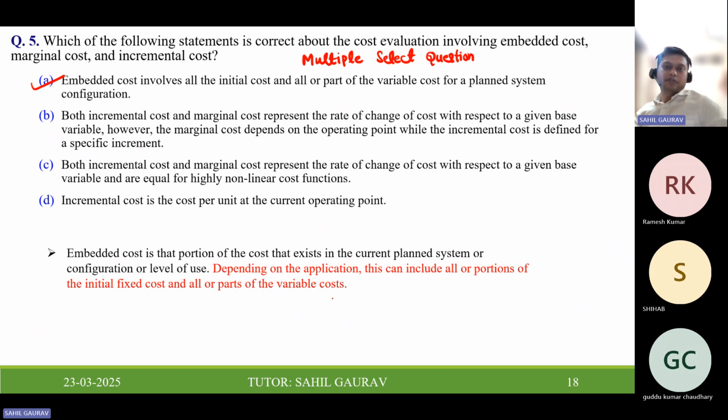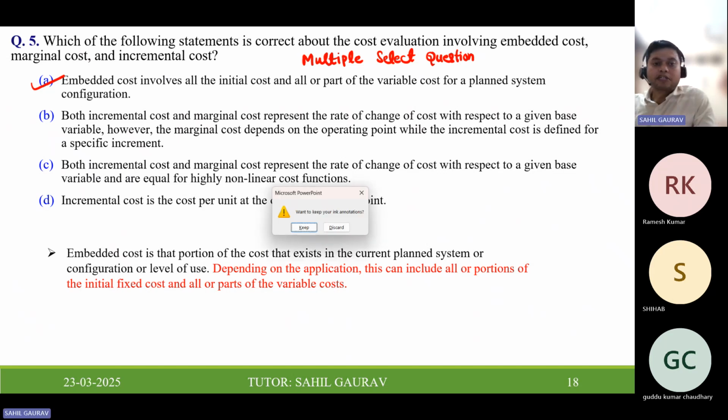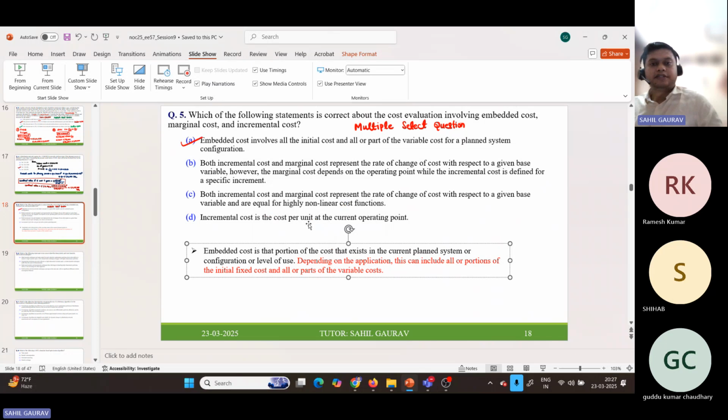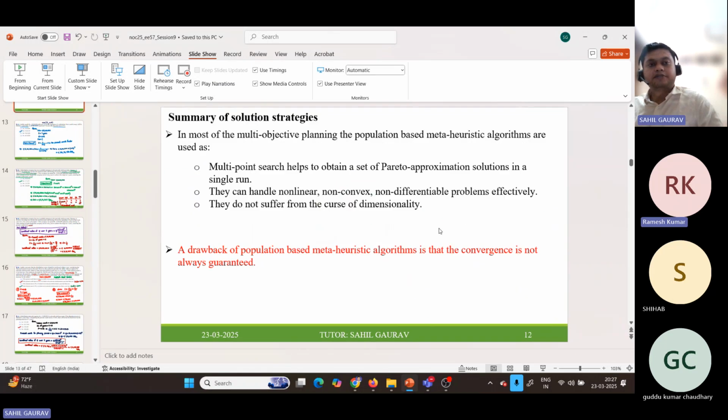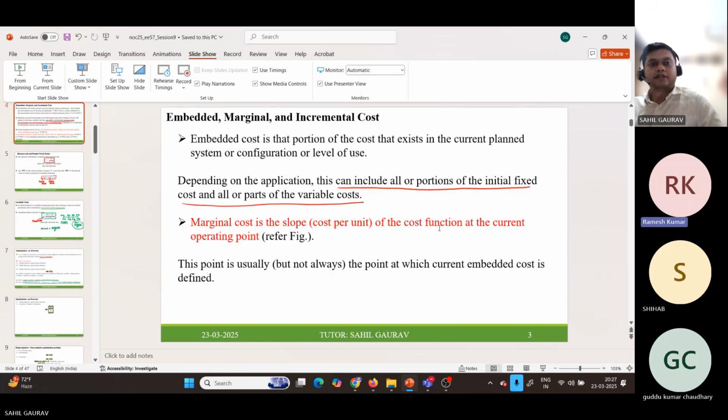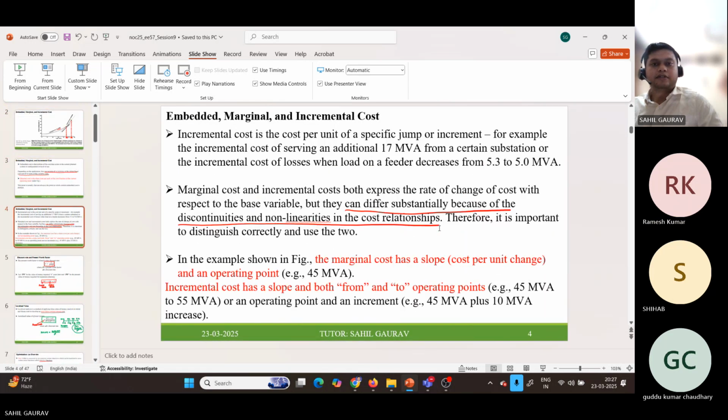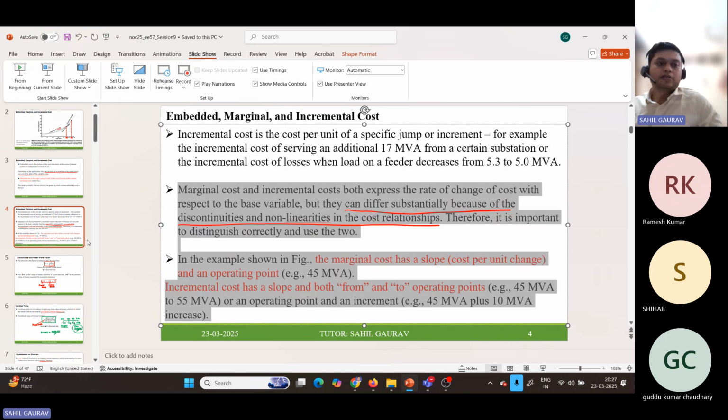Both incremental cost and marginal cost depend on the rate of change with respect to a given base. However, the marginal cost depends on the operating point, while the incremental cost is defined for a specific increment. Is it correct or wrong? For this statement also, I will give you a hint. Go to the first slide. So this is also correct. If you read these two statements, then it is clear to you.